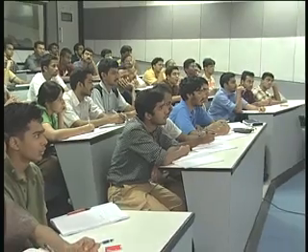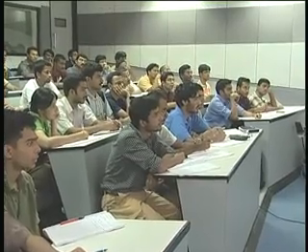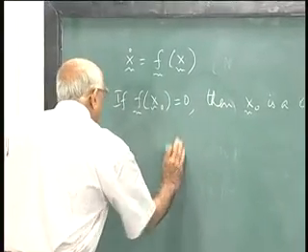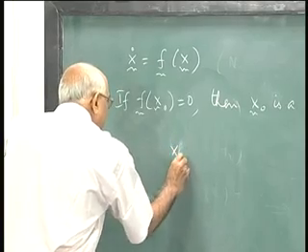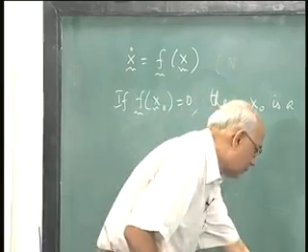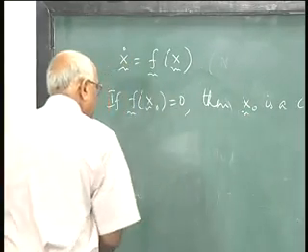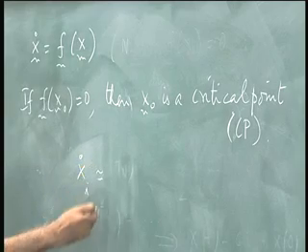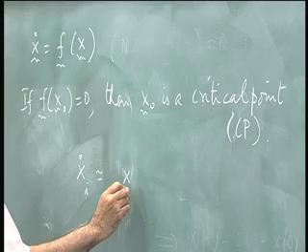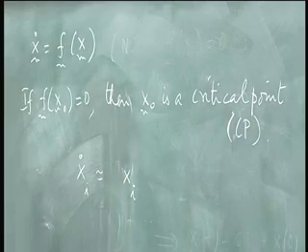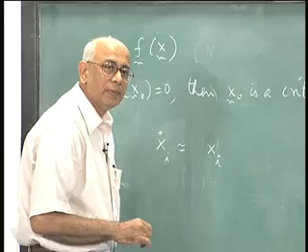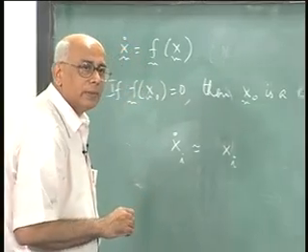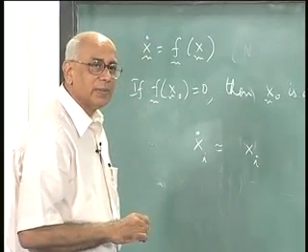We have x1, x2, x3, so let me call it x sub i, and then of course you have x i dot equal to x i multiplied by delta which f?